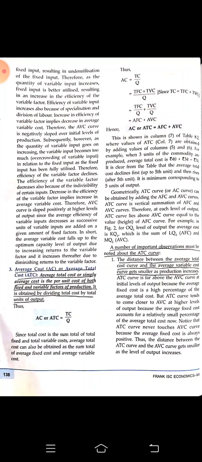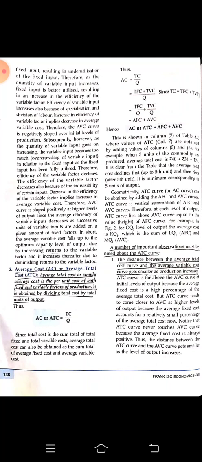So this is one method of obtaining average total cost, that is total cost divided by the output. Or in another way you can find it out, that is AFC plus AVC, average fixed cost plus average variable cost. We are going to get the average cost.